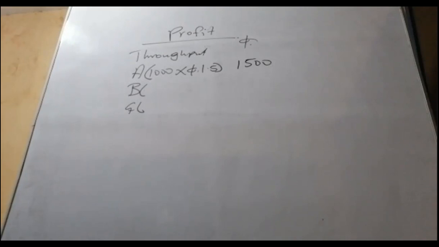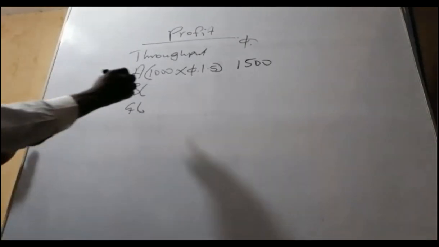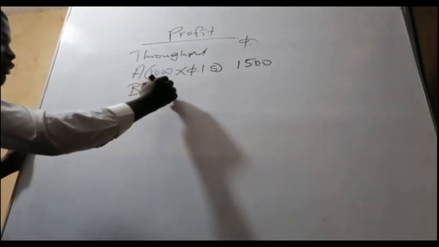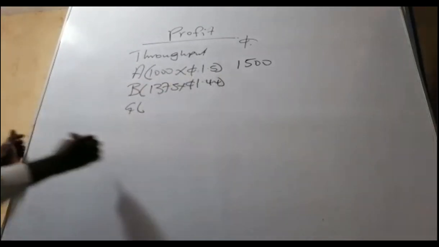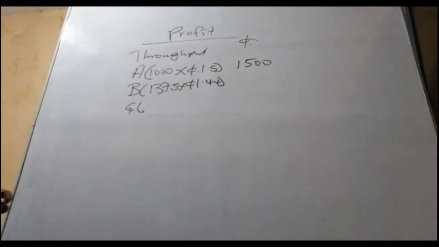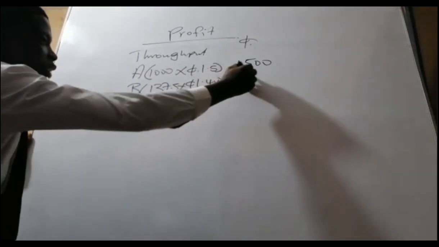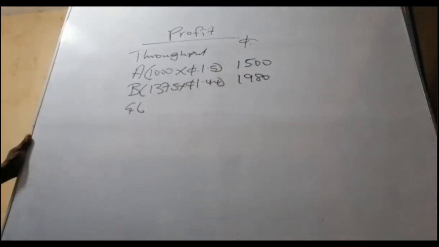Good. So here the demand is 1,375 times 1.44 Ghana cedis. That's to calculate for the profits. So that gives us 1,980.